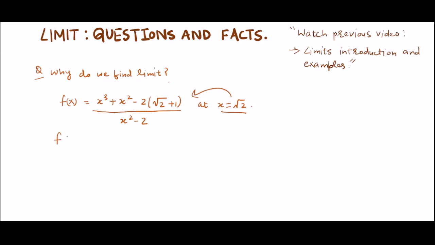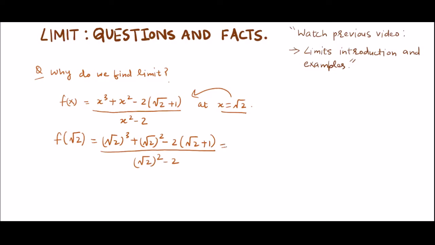So we will get f of root 2 as root 2 cube plus root 2 square minus 2 root 2 plus 1 upon root 2 square minus 2, which will be equal to 2 root 2 plus root 2, right?